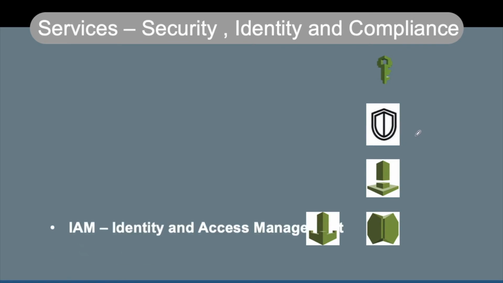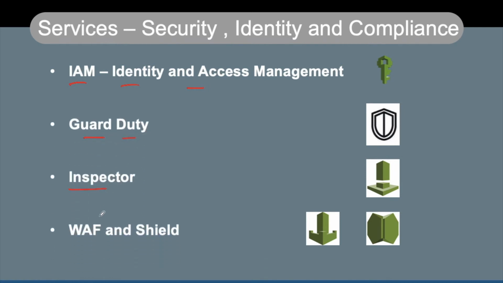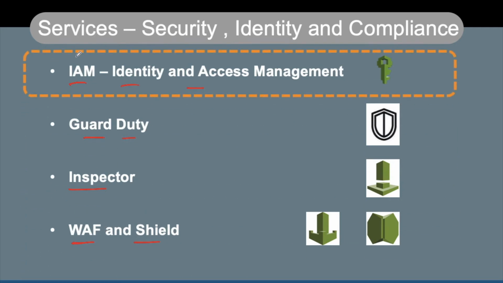When I talk about security, identity and compliance, the first one is IAM, Identity and Access Management, then GuardDuty, Inspector, and WAF and Shield, where WAF is known as Web Application Firewall. In this section we are going to talk only about IAM as a service.